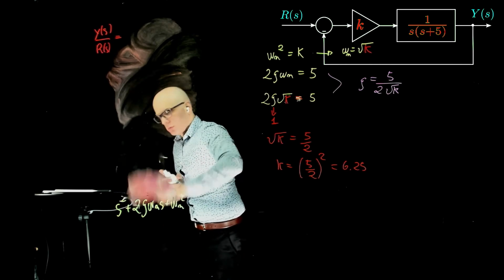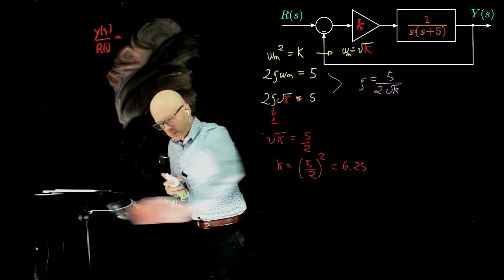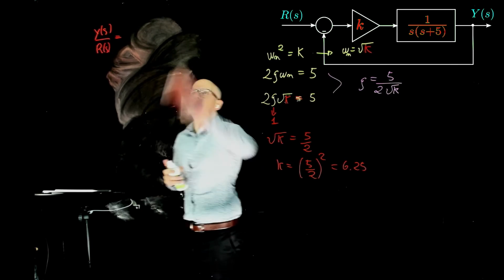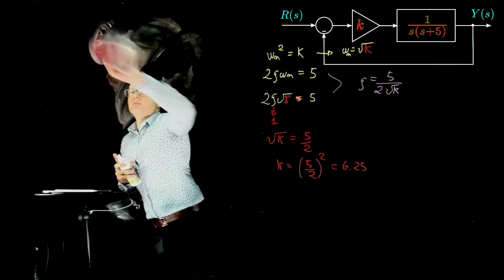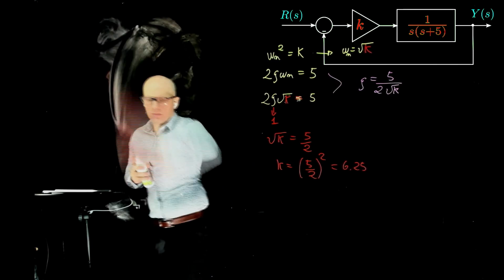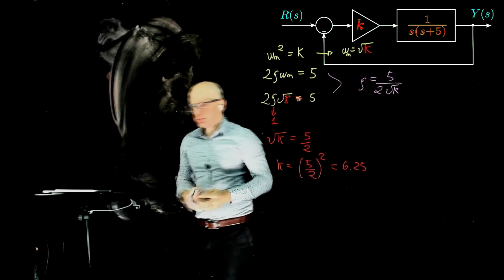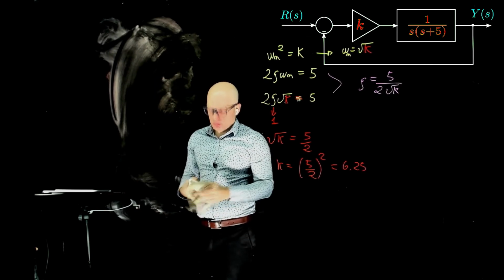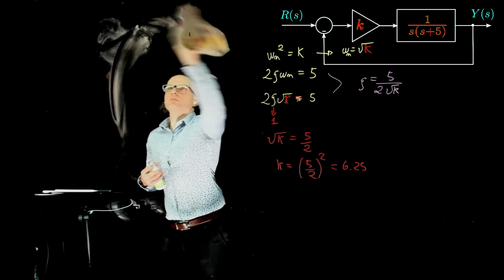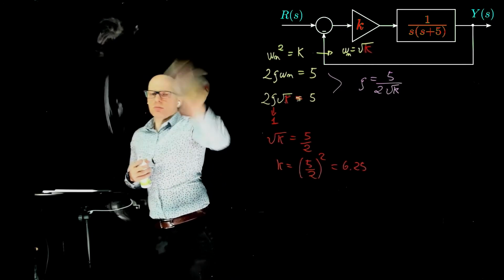But in this case, we just assume it is 1, and then we get the value of k and know that if we want what we expect, then k is smaller than this value.